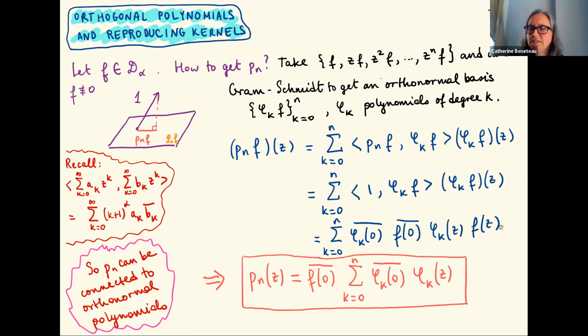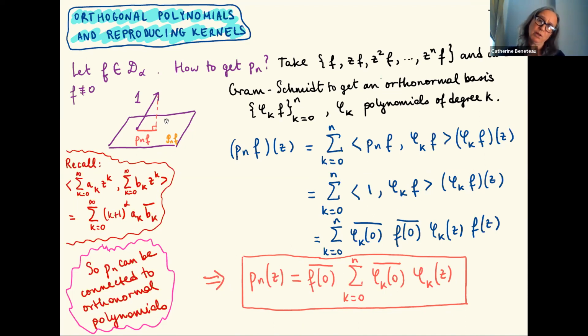Okay, so if you put that together and you get rid of f, you actually get a formula for Pn in terms of these orthonormal polynomials. And there's this coefficient f of 0 bar, which comes into play. Okay, so these optimal approximants can be connected to these orthonormal polynomials in this way.